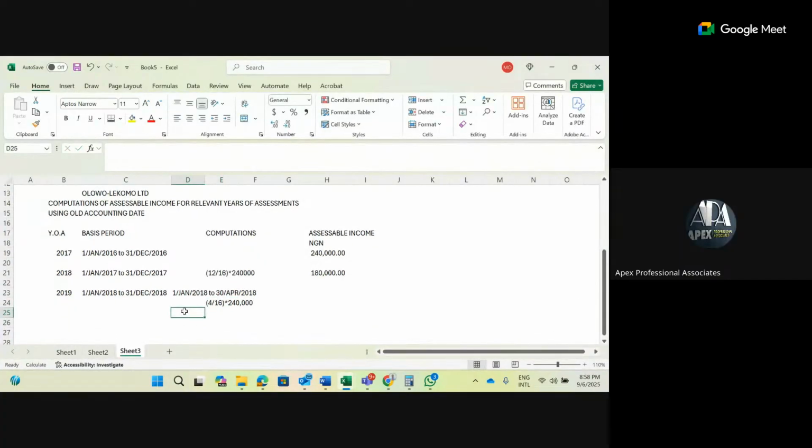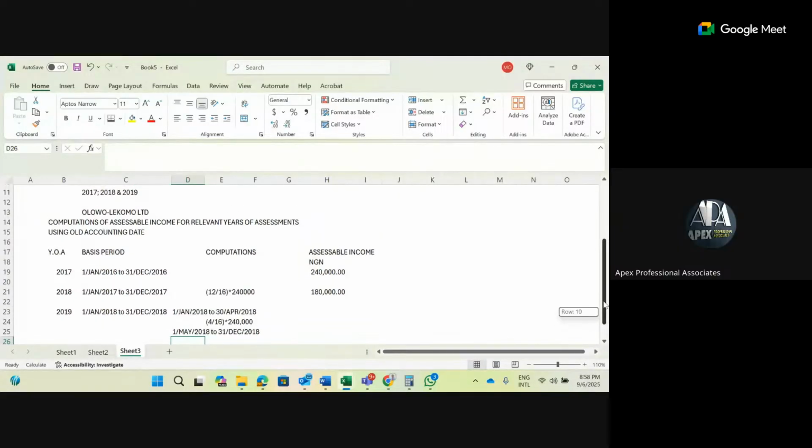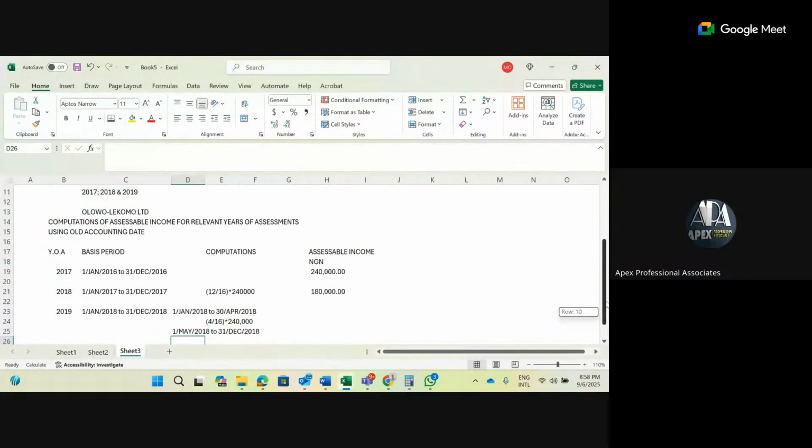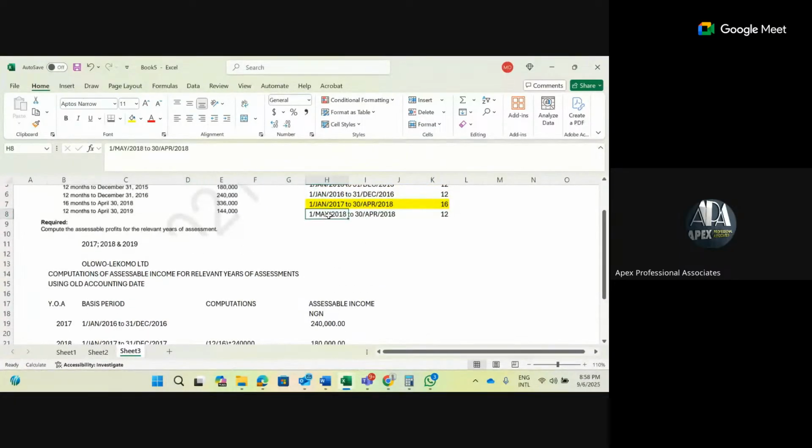Then we are now going to look for the profit of 1st of May 2018 to 31st of December 2018. This is 8 months. May to December is 8 months. Where can you get 1st of May 2018? You are going to get it in this other one here. Let me shade it green.